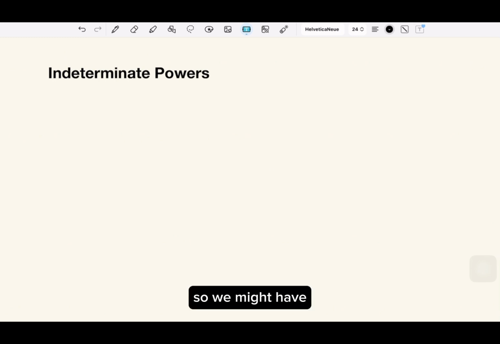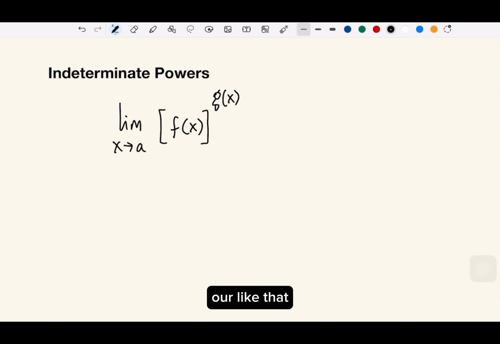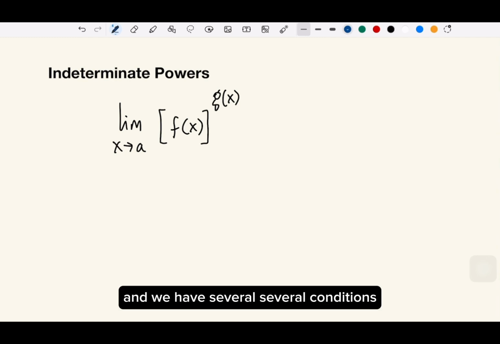So we might have a limit of a power like that, and we have several conditions.